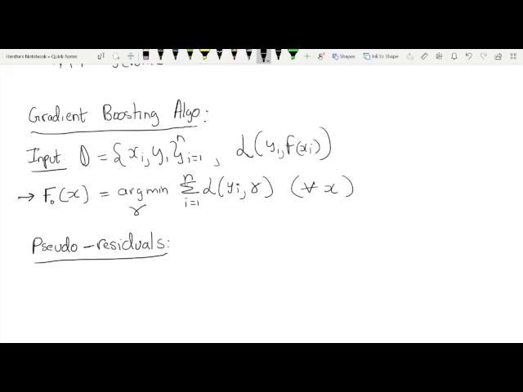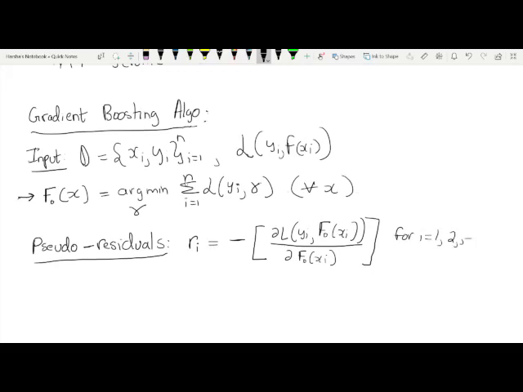So how do we calculate this? For each i from 1 to n, so for each data point, ri equals the negative of the partial derivative of L of yi and f naught of xi, with respect to f naught of xi.